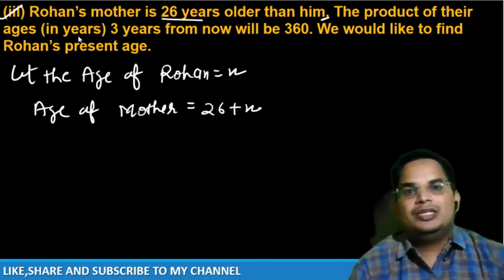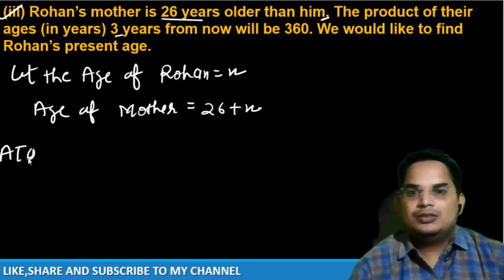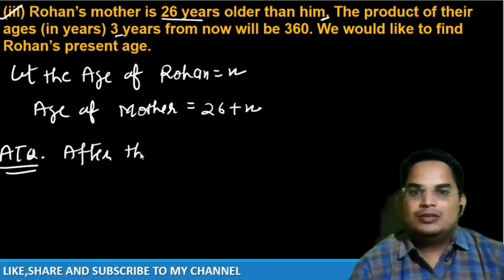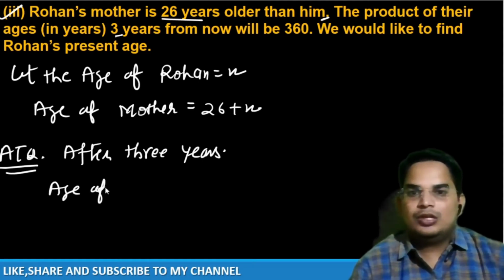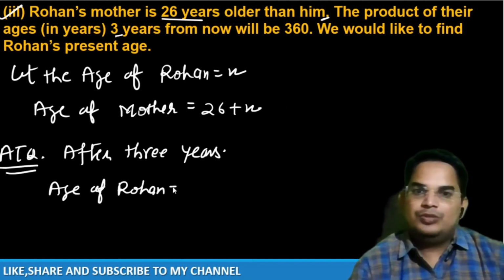The product of their ages after 3 years. So according to the condition, after 3 years the age of Rohan becomes x plus 3.